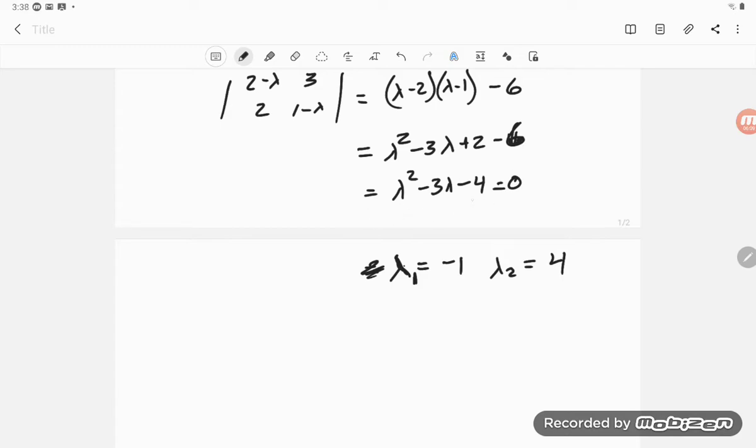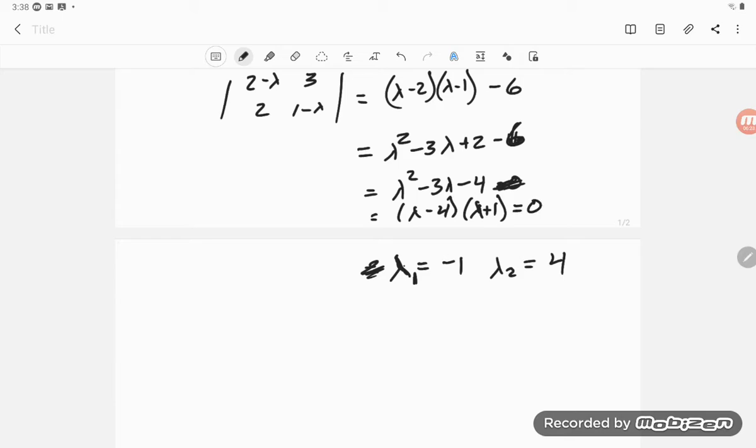I should have probably added one more step in there and said that's lambda minus 4 times lambda plus 1, and that we set equal to 0.